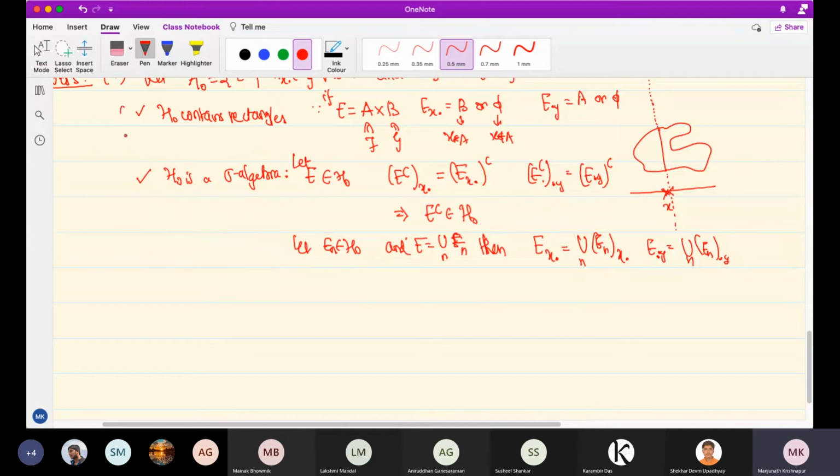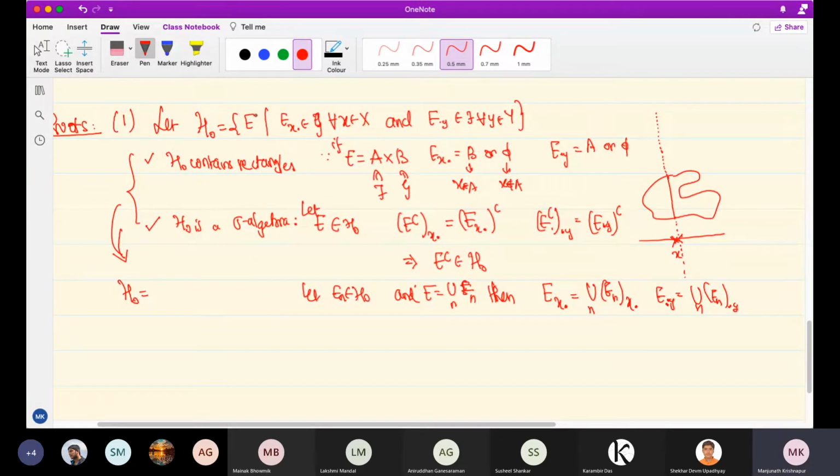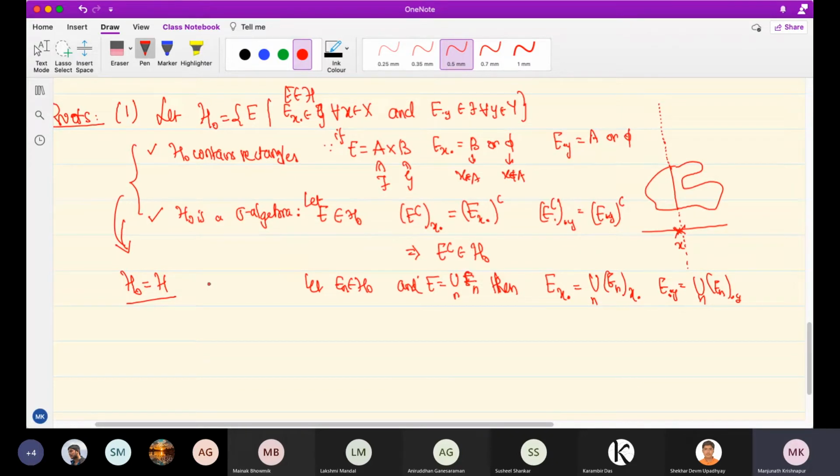So these two together imply that H naught is actually equal to H. In the definition, you take those elements of H which have that property, and H naught is H, because H is generated by the algebra of rectangles and H naught is a sigma algebra. Is it clear?